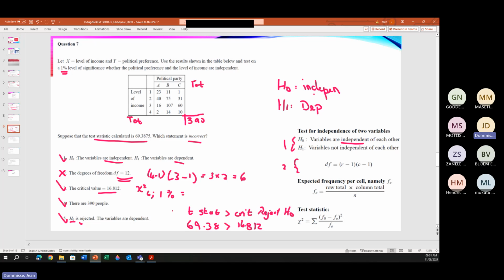So again, I like to write that down when it's simple. It makes it easier, so you don't need to stress about it. You look for the t-stat value, you look for the critical value, put it in, and you see, okay, 69 is bigger than 16. So because of that, I will reject the null hypothesis.